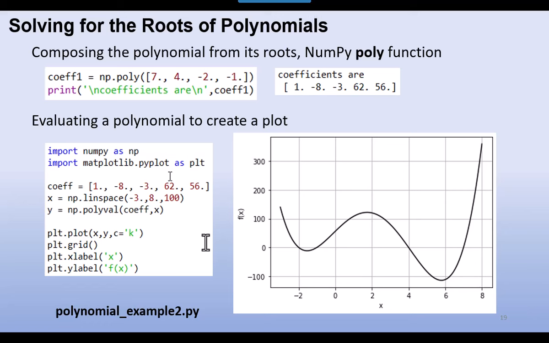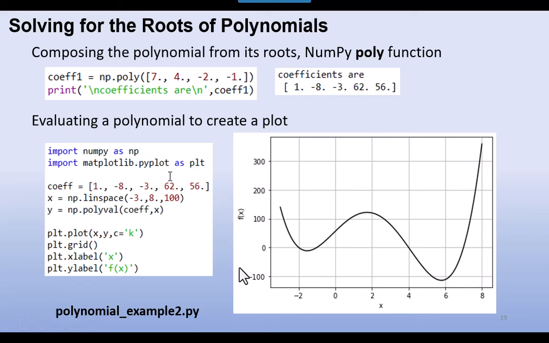And this was the use of the poly function to start with roots and compose the coefficients. And then this is what we just illustrated with the polynomial example2 file of how to take a range of x's and use polyval in order to create a corresponding array of y's and then plot y versus x, and we get the nice plot that you're looking at there on the right.